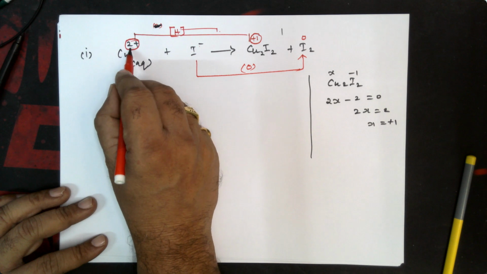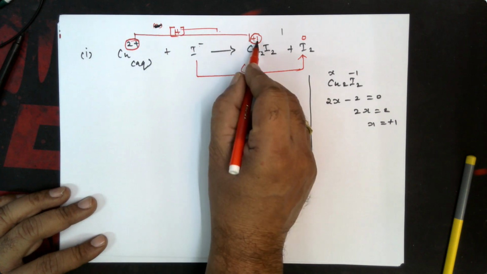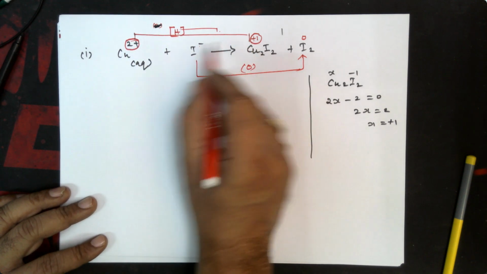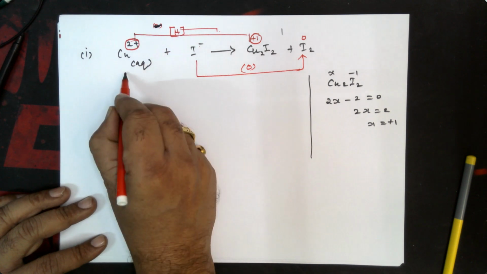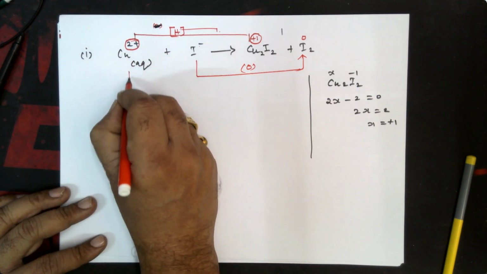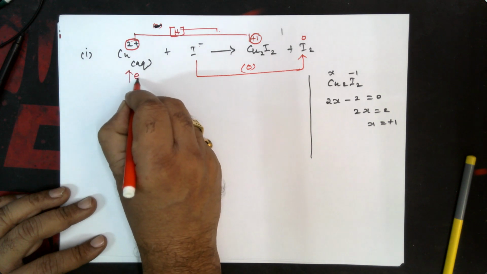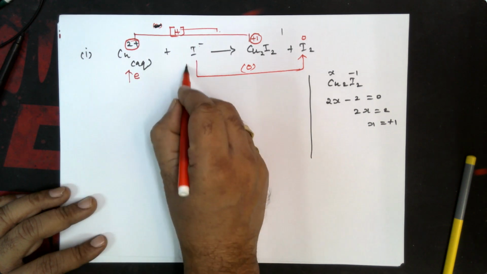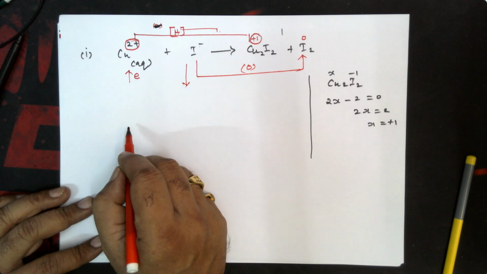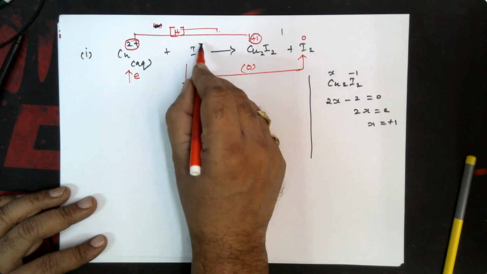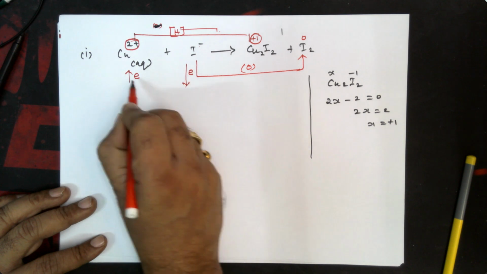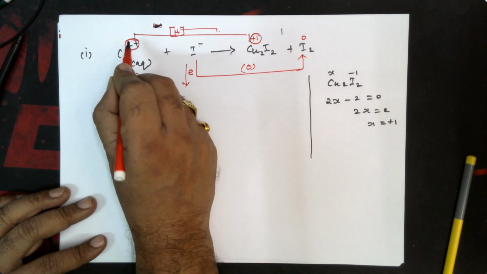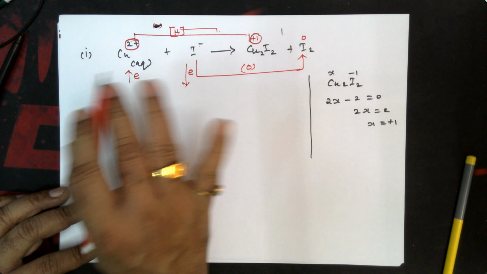Here plus 2 becomes plus 1, means how many electrons are added? Addition of electron can be indicated like this. And here a drop of electron. How many electrons? Only 1 electron. Minus 1 becomes 0. So 1 electron is dropped, and here 1 electron is added, so that plus 2 becomes plus 1. Is it clear?